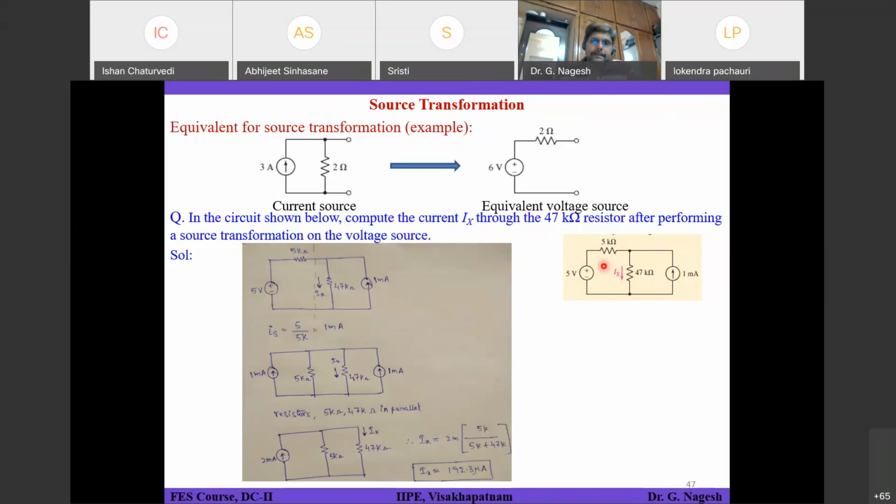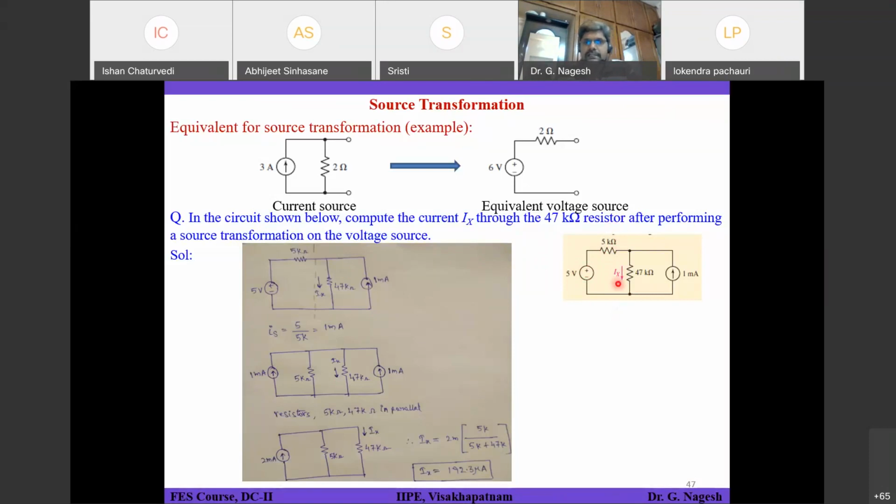First of all, you have a voltage source with a series resistance. That means the voltage source with 5 kilo ohms is a practical voltage source. I can convert it into an equivalent current source.